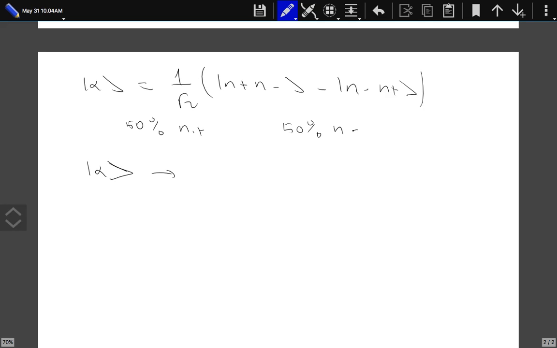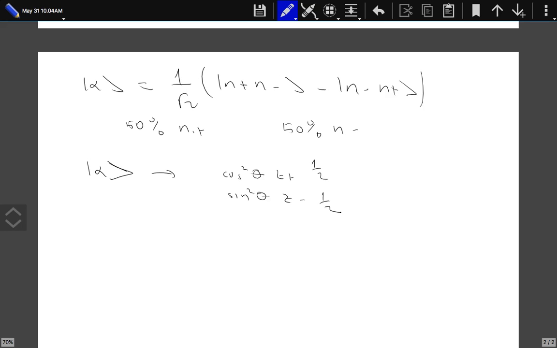Now, if it is n plus, the other particle is n minus, and if it is measuring the Z component, it will obtain Z plus with cosine squared theta and Z minus with sine squared theta, with theta being the angle between n and Z. This has probability 1/2.